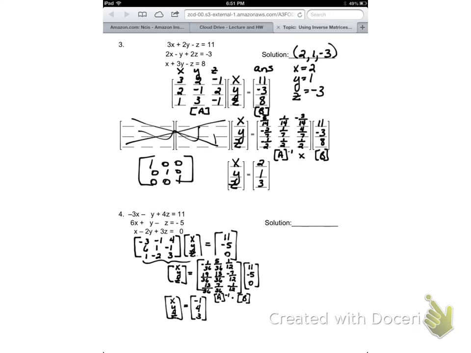So we put those in our solution, or X equals negative 1, Y equals 4, and Z equals 3. Okay?